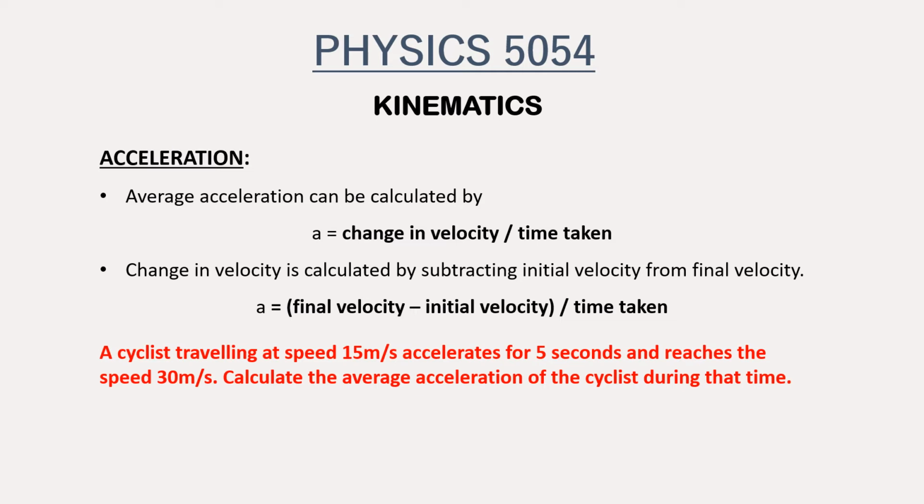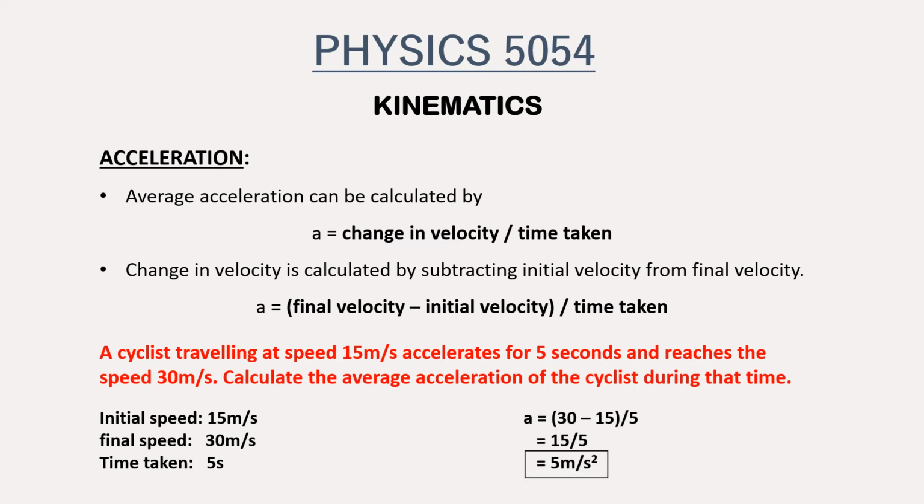Well, let's see how to do this. Now, first we should always start by making a data table. What this means is that we should see which quantities have been given in the question and what we can deduce from that. So here I have got the data table done. We can see that the initial speed they have given us is 15 meter per second because a cyclist was traveling at the speed 15 meter per second.